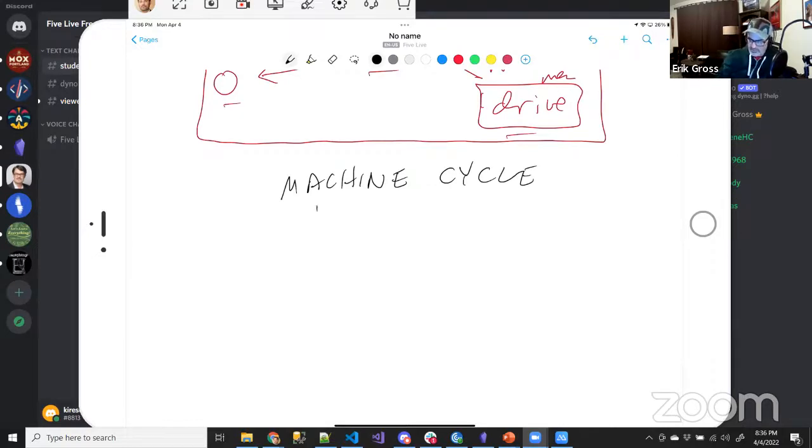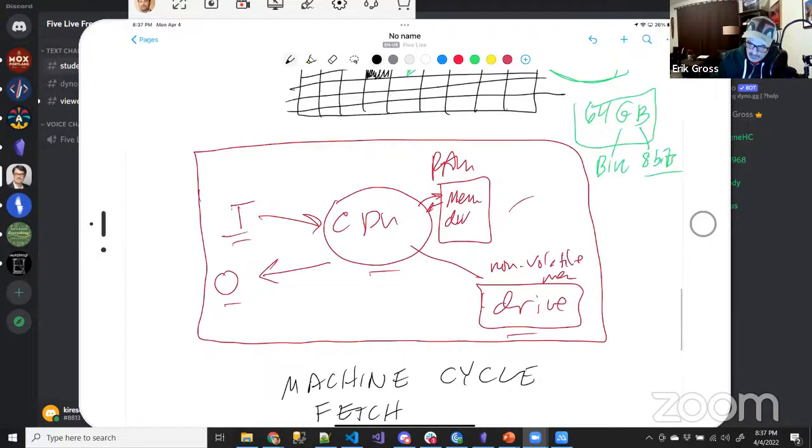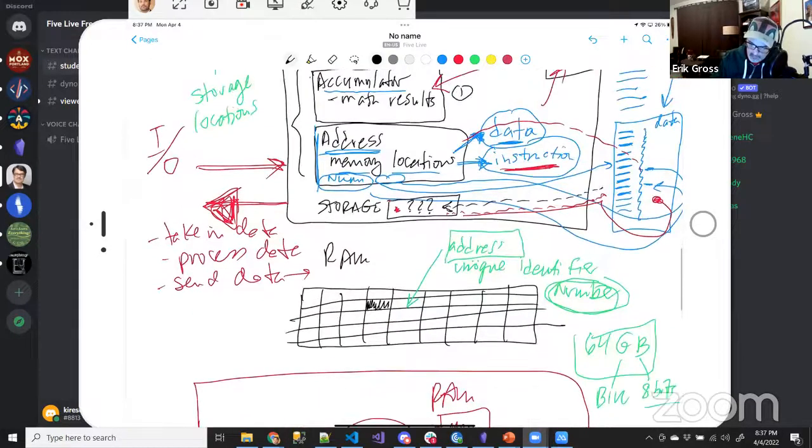And the machine cycle is 3 steps. 1, fetch an instruction. 2, decode that instruction. And 3, execute it. Now, it'll fetch the instruction from the spot in memory stored in the address register. It'll go get it. It's out here in RAM somewhere.